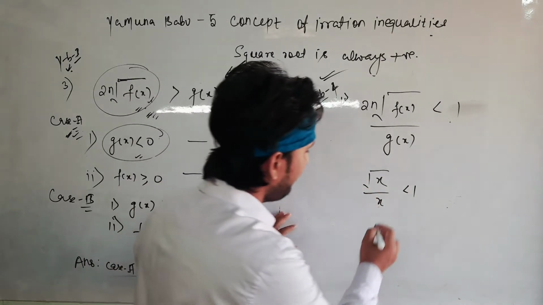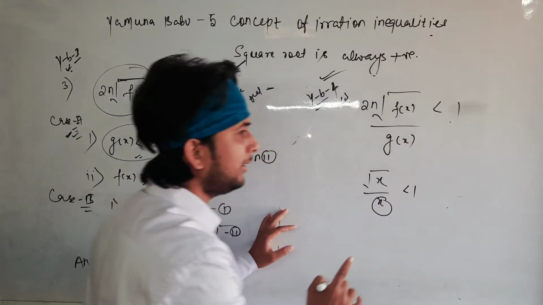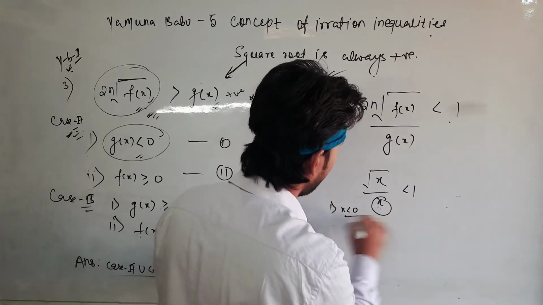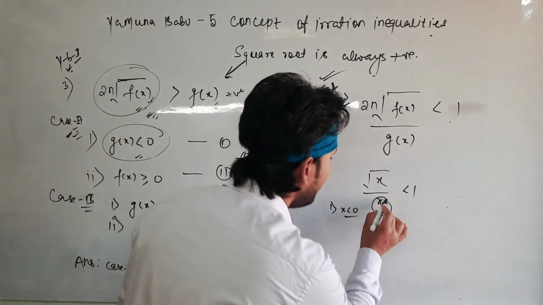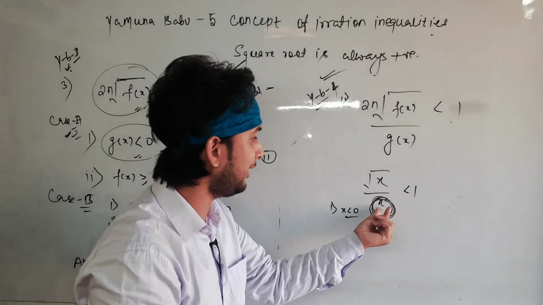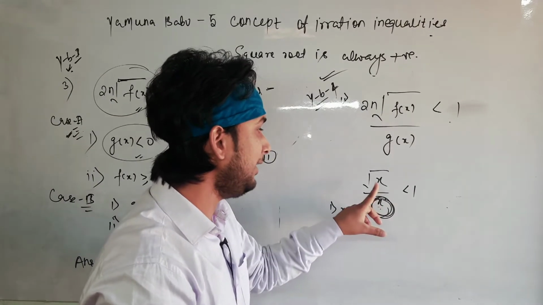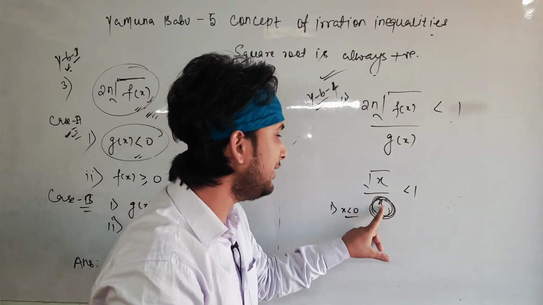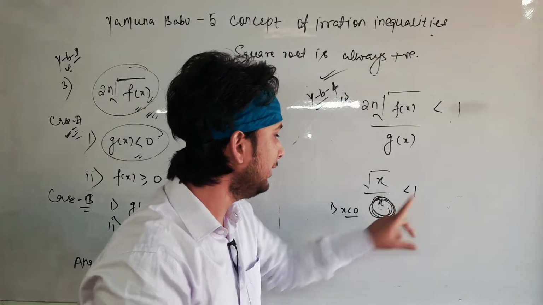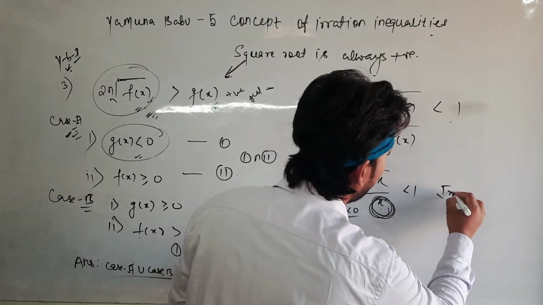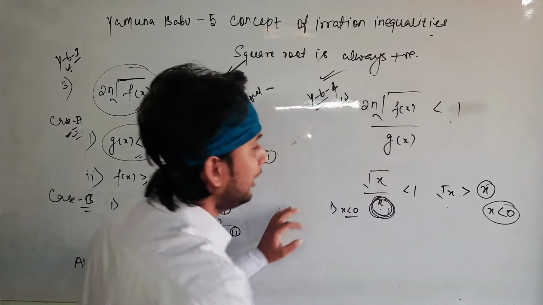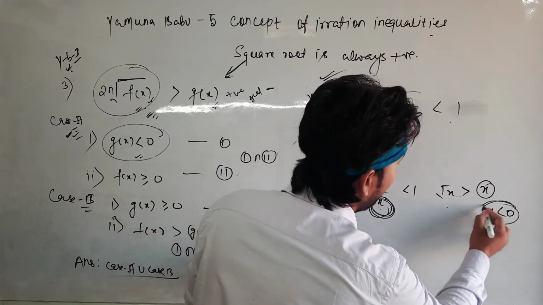It means that when you say x is less than 0, you are taking a negative expression. When you multiply by x, root x will be greater than x, for x less than 0.